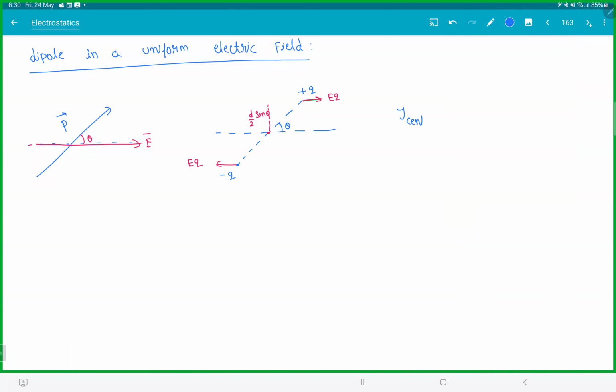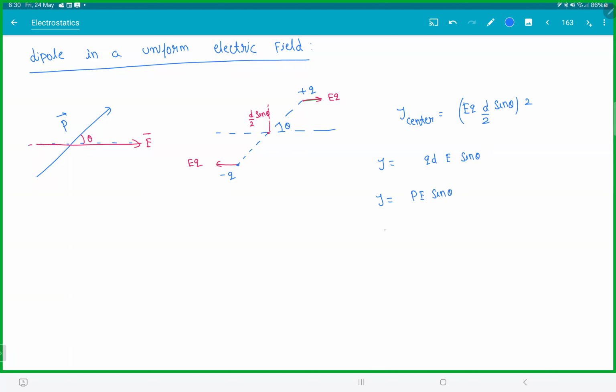So torque about the center is equal to EQ times d by 2 sine theta, 2 times. So torque will be E into Qd into sine theta. And Q into d is nothing but P, so torque is PE sine theta.